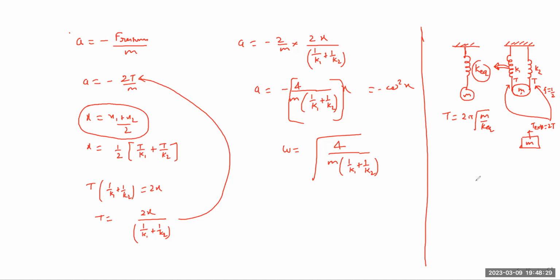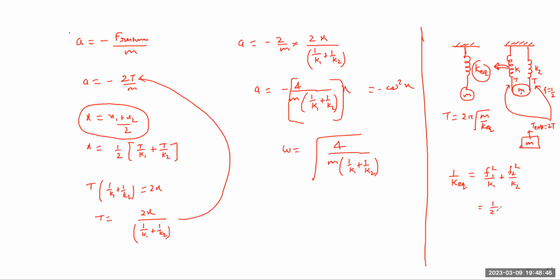And the factor here is half. So the way of writing this, 1 by K equivalent is how much? Factor square by K1 plus factor square by K2. I don't know what the factor is for each in general, but here it is the same for both.